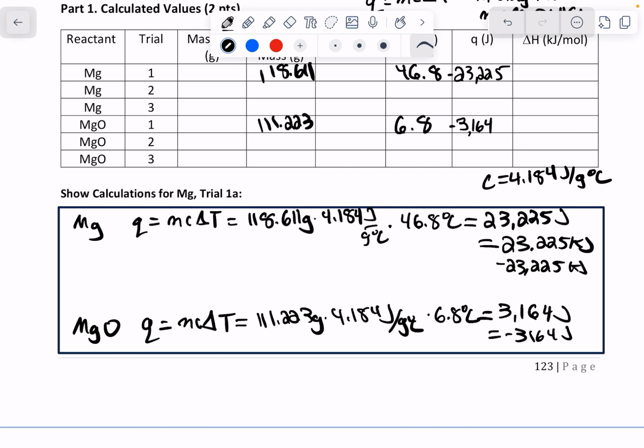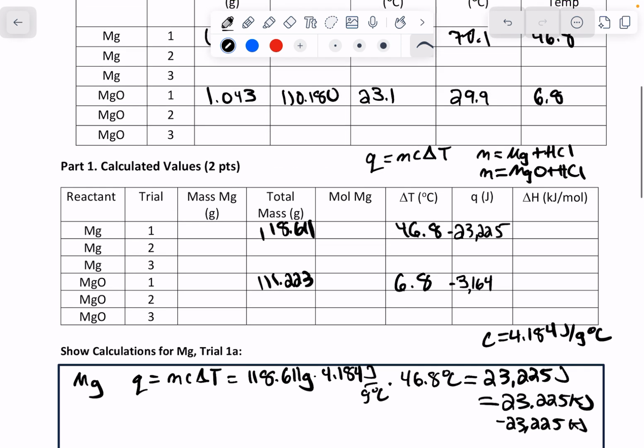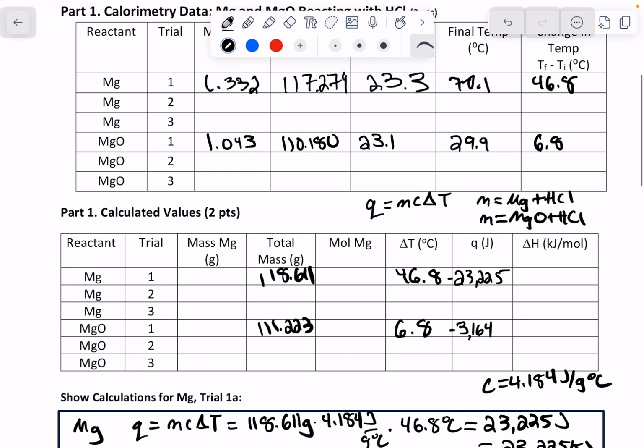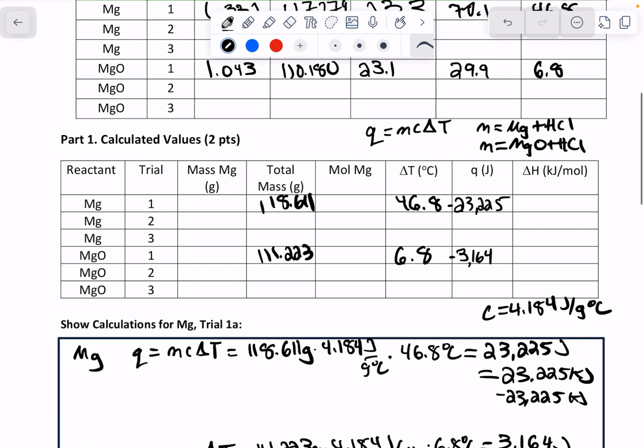So the next step is to calculate delta H. What has to be done is we need to get the moles of the Mg and the moles of the MgO. So if we come back up here, we used 1.332 grams of Mg.